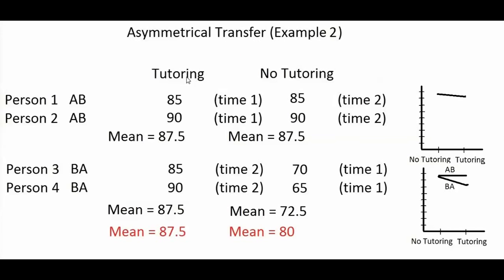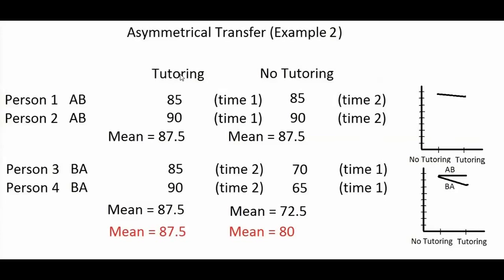But in some experiments, having a long break between conditions won't help, because sometimes the treatment has a fairly permanent effect. For example, if a participant has been tutored, you would have to have a pretty long break between conditions for the tutoring to wear off. You'd have to have a pretty long break between conditions for a participant to forget everything they learned from the tutoring sessions.